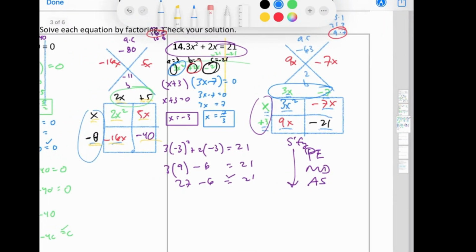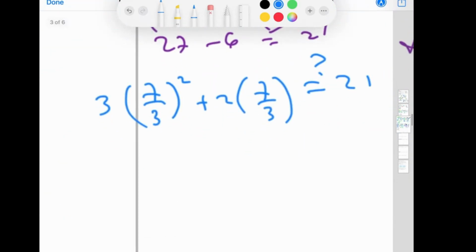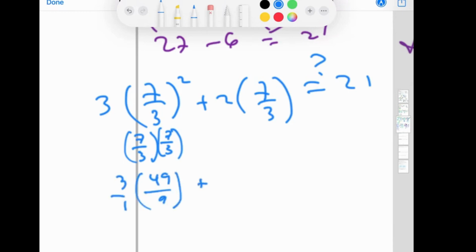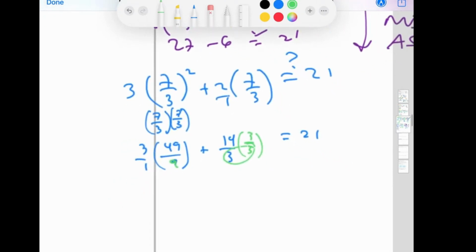Okay, 7/3. 7/3 squared times 3 plus 2 times 7/3. And does that equal 21? 7/3 times 7/3 is 49/9. Make a fraction out of any whole number by putting it over 1. So I get 14/3. I want an equivalent fraction over here. So I notice that it's a 9. So I need to get that one to be a 9.